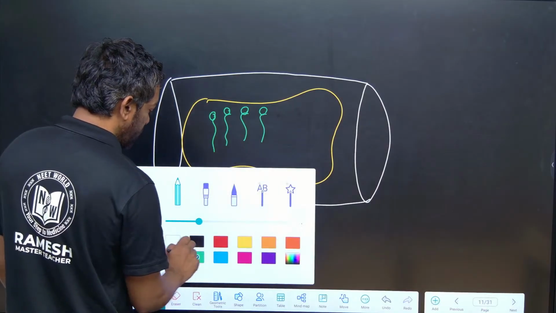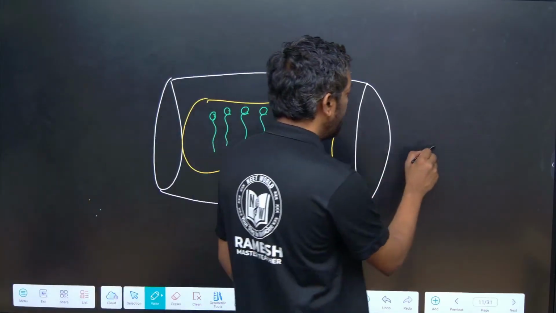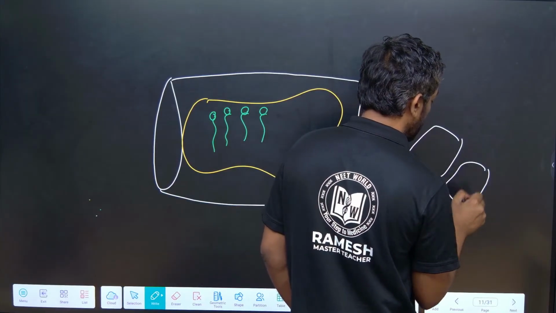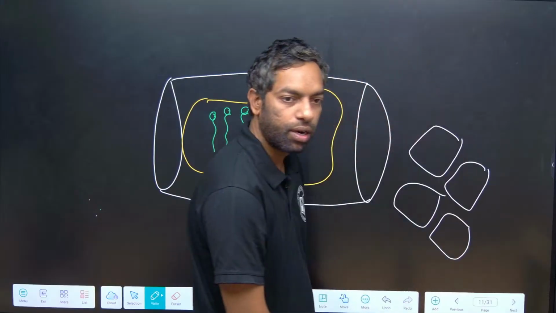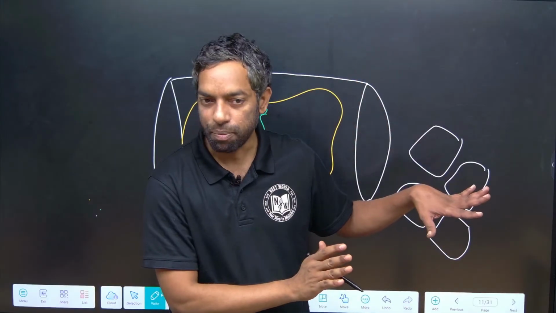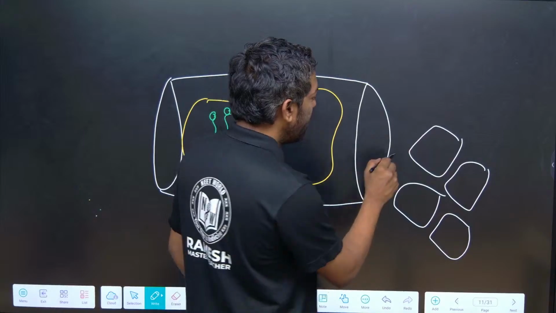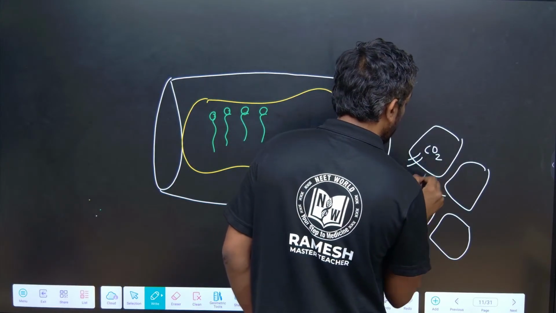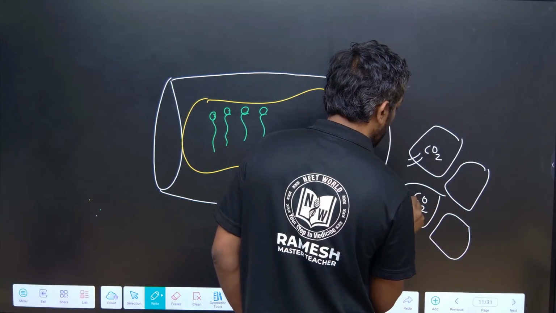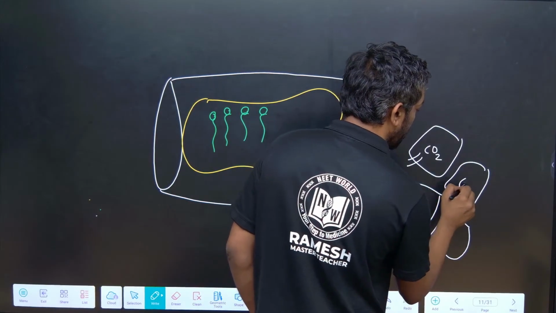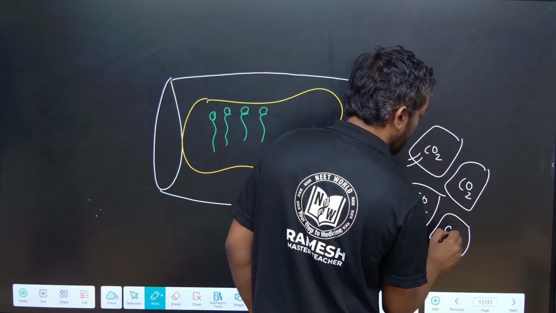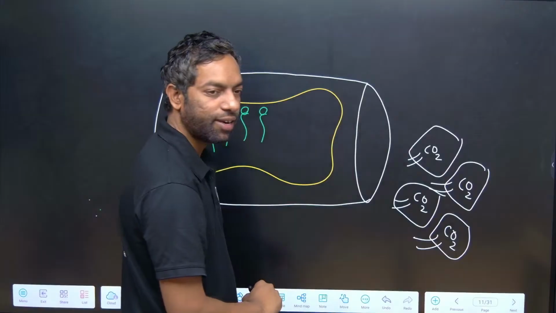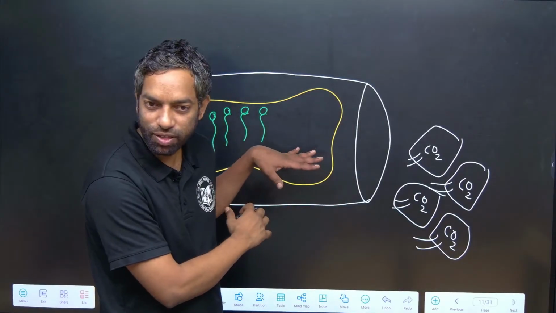So, guys, just be careful. This is the tissue. Tissue produces carbon dioxide. The carbon dioxide produced should be carried forward through the blood.